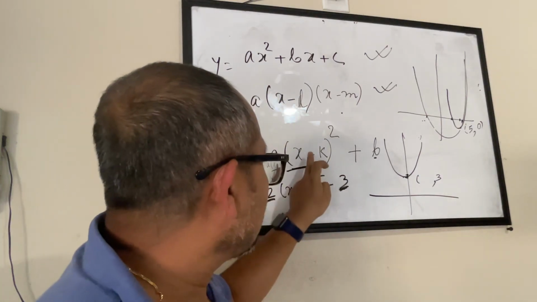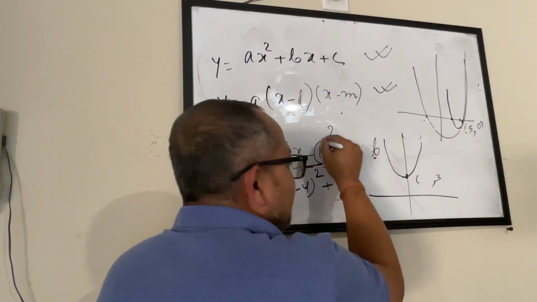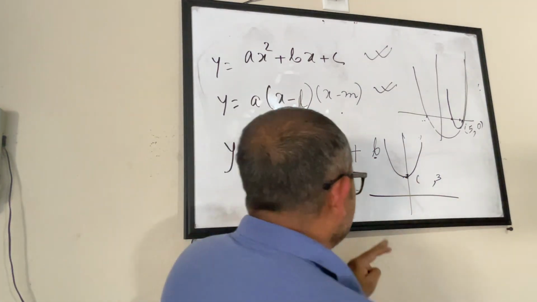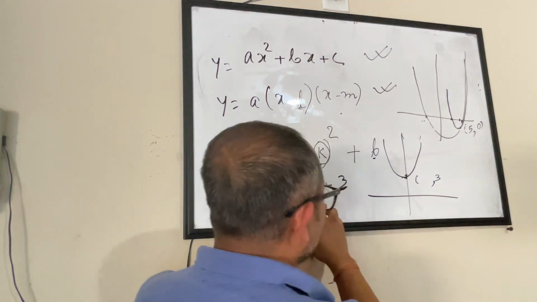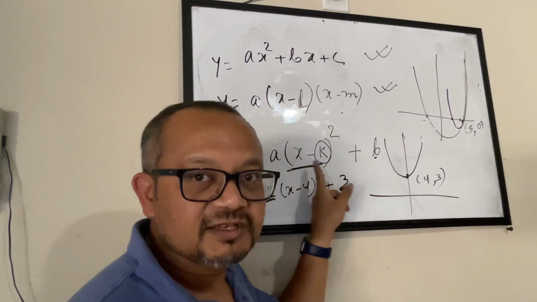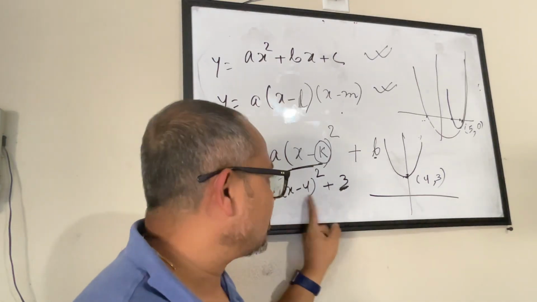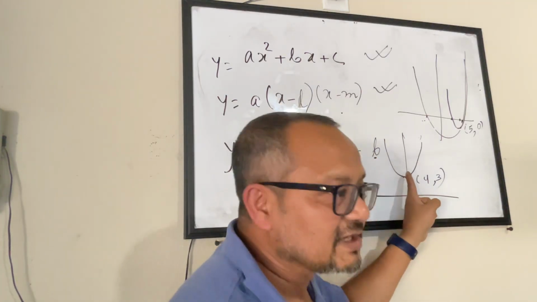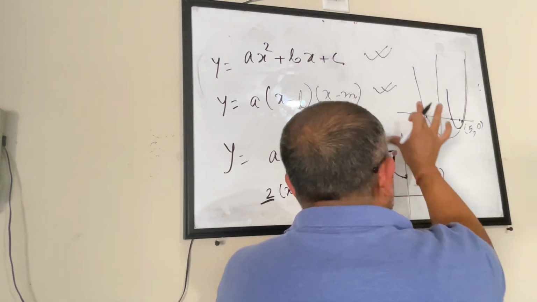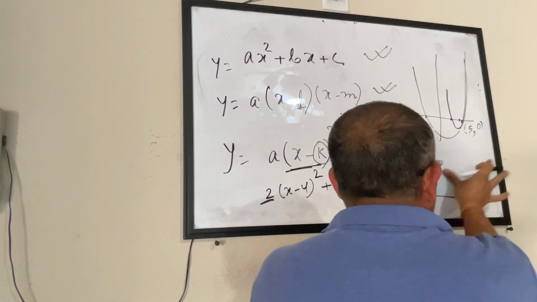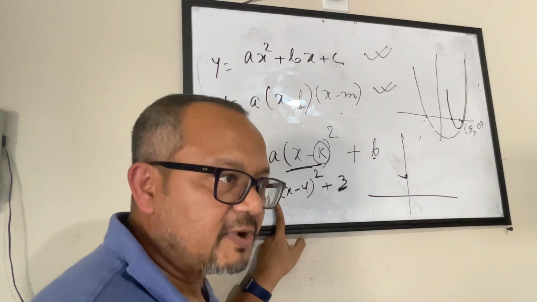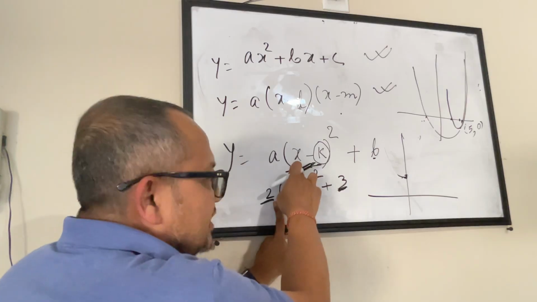Now, what is the x coordinate? The k is the x coordinate. From this equation, my x coordinate is 4 here: x minus k, so this k is 4. By looking at this equation itself, first of all, I know this parabola is facing upward because a is positive, which is the coefficient of x squared.